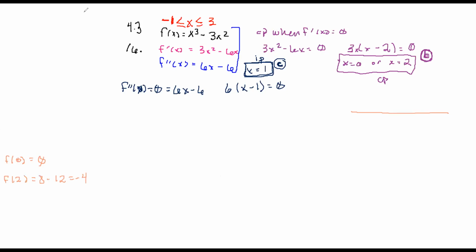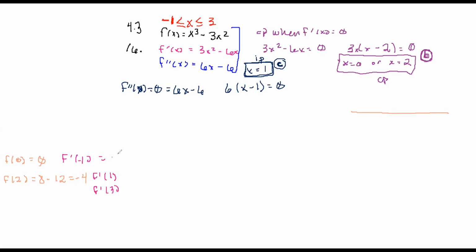I'm also going to find f prime. You always know when you screw up, because f prime of 0 is 0, and I just got very confused. So I should find f prime of -1, f prime of 1, and f prime of 3.